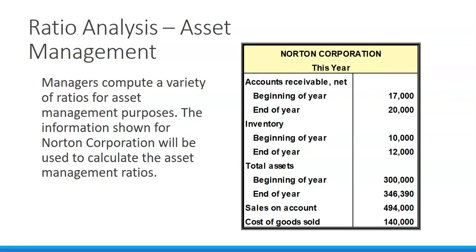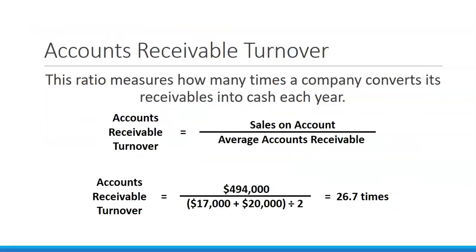The next set of ratios are for asset management. How are we utilizing our assets in order to generate sales? So how are we utilizing our inventory, our equipment, our buildings, etc., to generate money for the business? We start with the accounts receivable turnover.